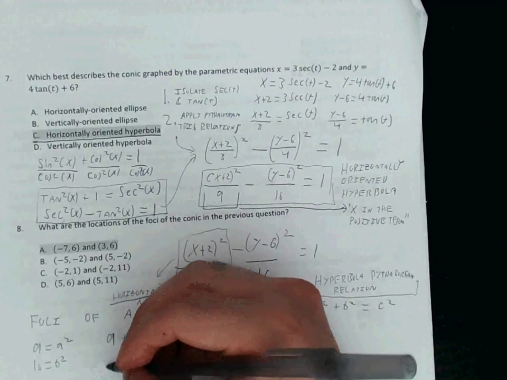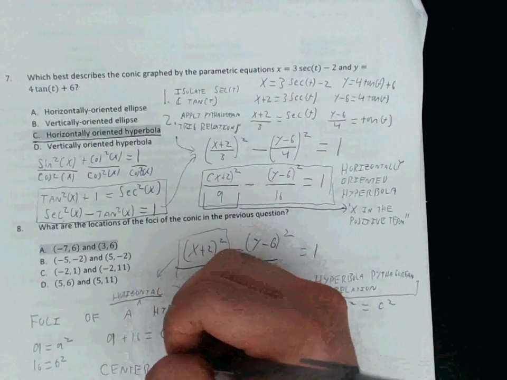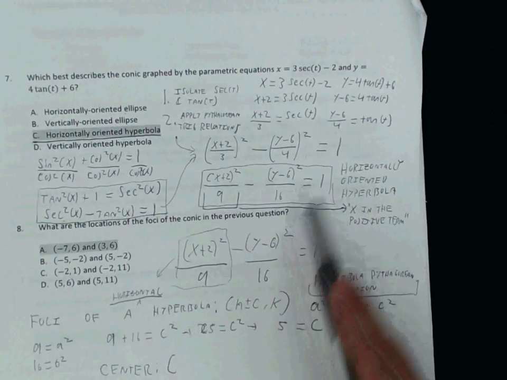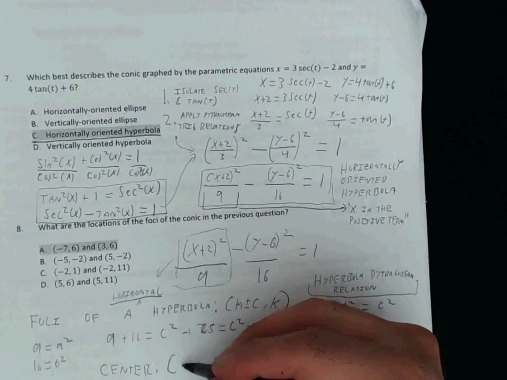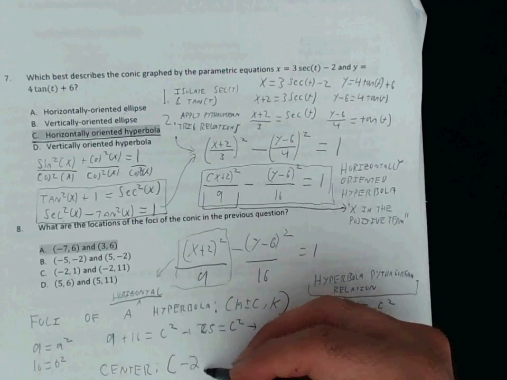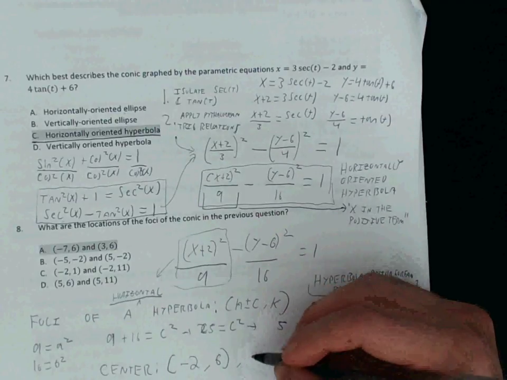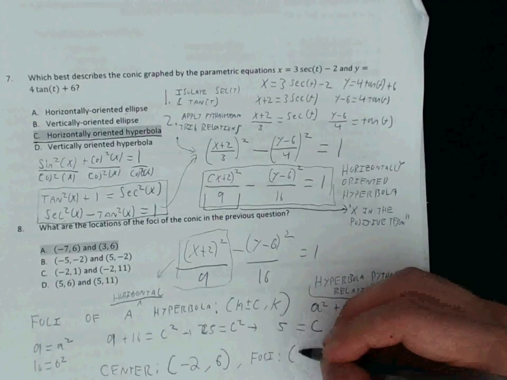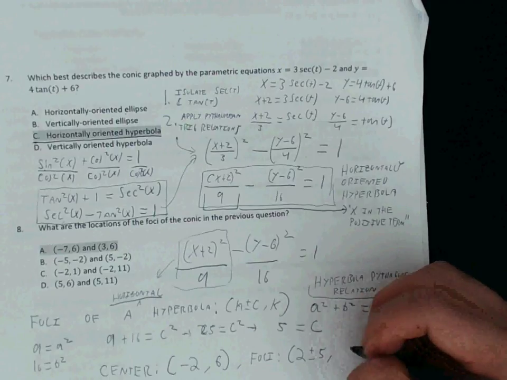Now our center is going to be the opposite signs of what's in the x term and the y term. So our center is going to be negative 2, positive 6. So that means the foci would be 2 plus or minus 5, 6.